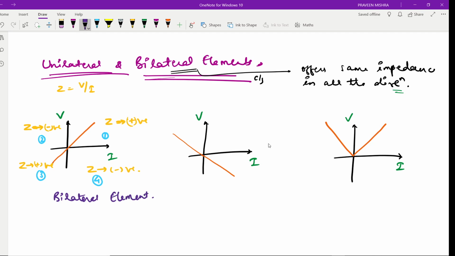And here impedance is negative, from quadrant 2 and quadrant 4 Z will be negative. So this offers the same impedance in all the directions. This type of element will be a bilateral element.